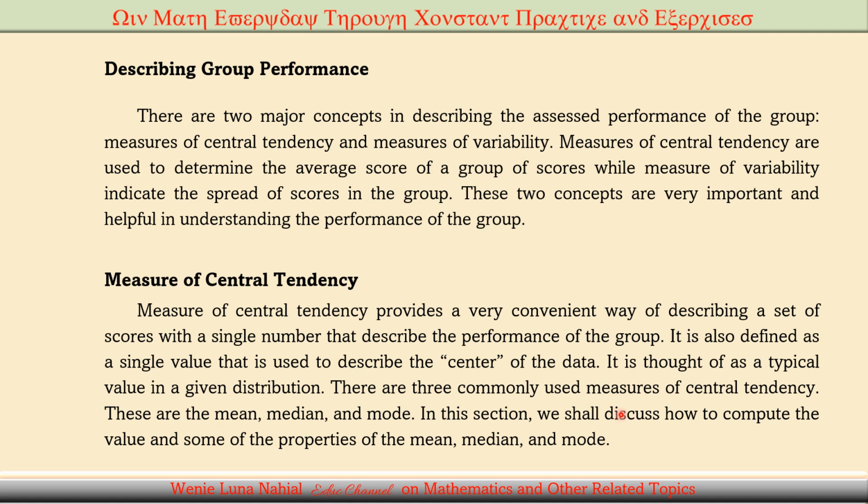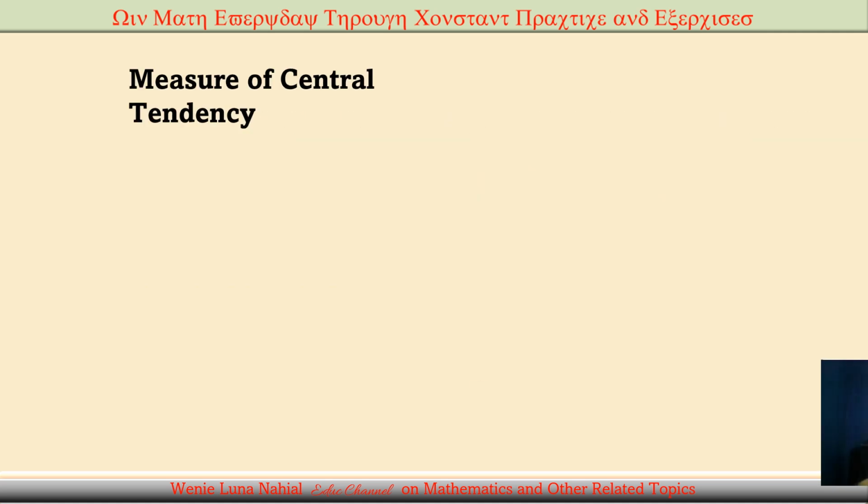There are three commonly used measures of central tendency. These are the mean, median, and mode. In this topic, we shall discuss how to compute the value and some of the properties of the mean, median, and mode.